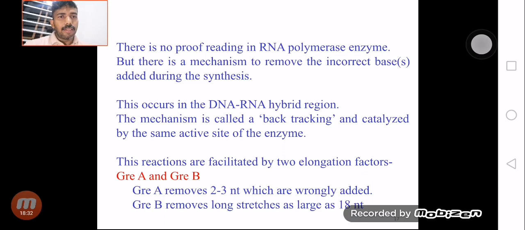So backtracking is nothing but there will be a pausing of the RNA polymerase if the added nucleotide is a wrong one, and the wrongly added nucleotide has to be removed from the system, and then the synthesis will resume further. Fine. Normally this happens as an intrinsic process of the polymerase enzyme, but the reaction will be enhanced or facilitated by two factors called GreA and GreB, and they are usually involved in the correction process. Okay, fine.